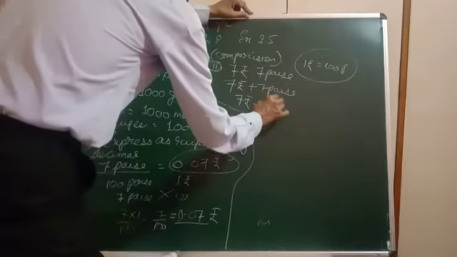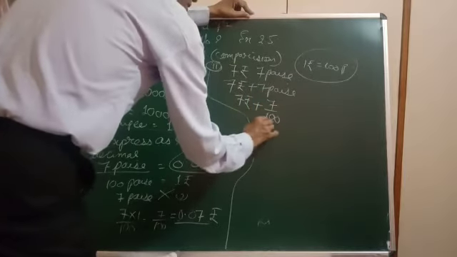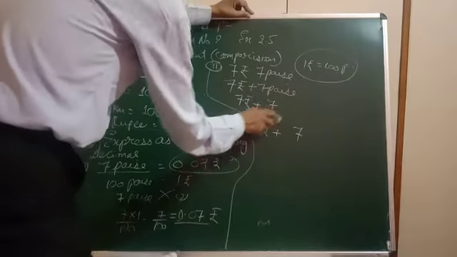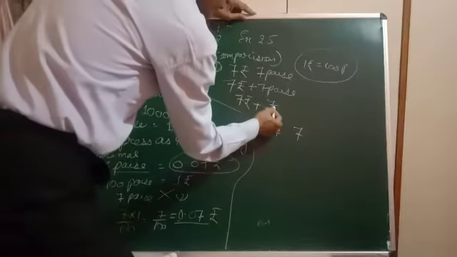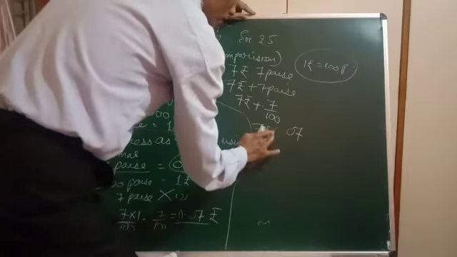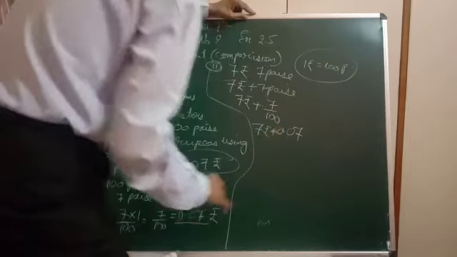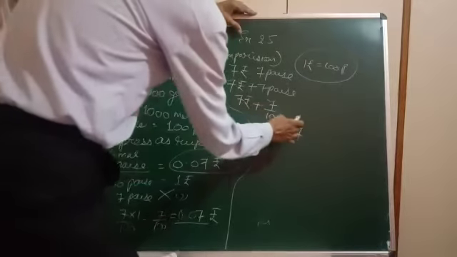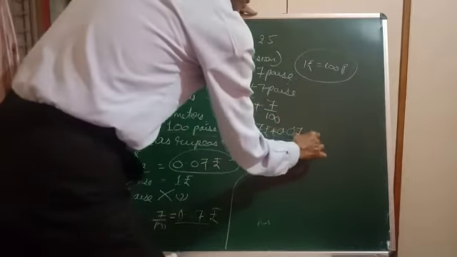So what will we do? We write 7 rupees plus 7 upon 100, which we convert into decimal. What is there? 1, tenths, then nothing, so you write 0. Okay, this 7 paisa is converted into rupees and it has become 0.07 rupees.